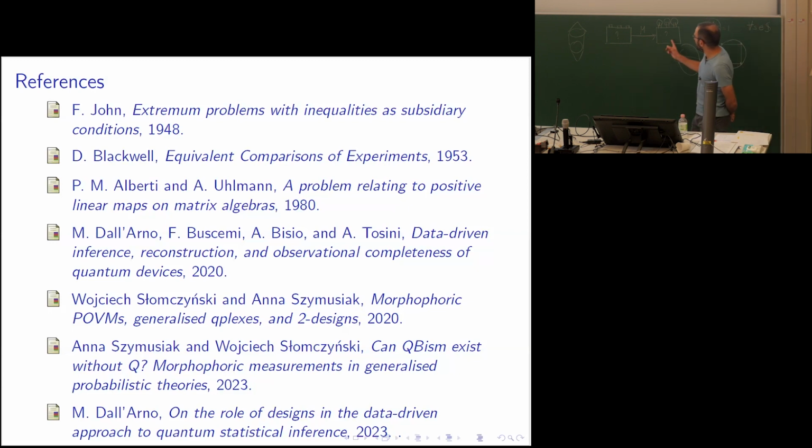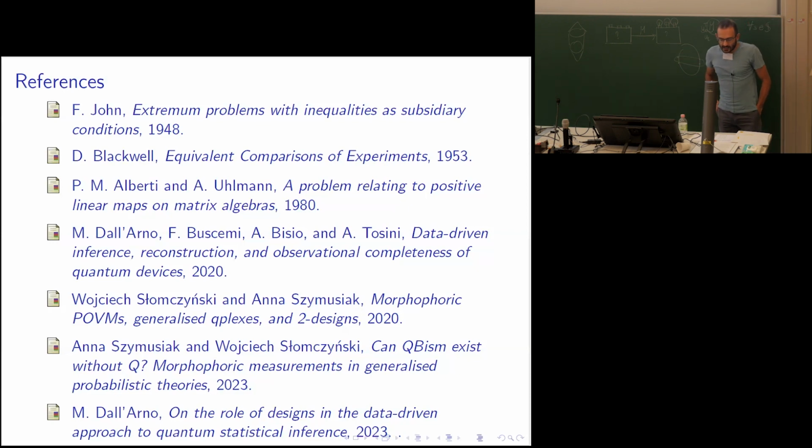Here there is a single measurement, a single POVM. It typically has to be informationally complete because we want the probabilities generated to be a full dimensional body. Otherwise, we have non-invertibility problems.